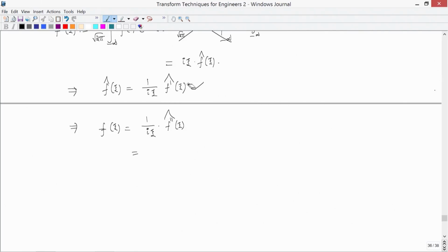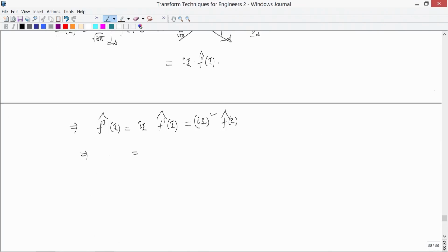Rather, you use this relation. What you get is that f double dash cap is equal to i xi times f dash cap of xi. Again, this makes it i xi square f cap of xi.